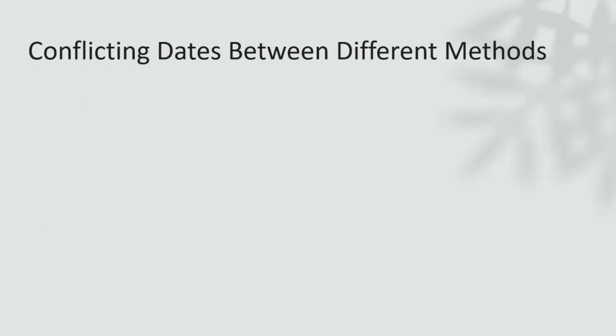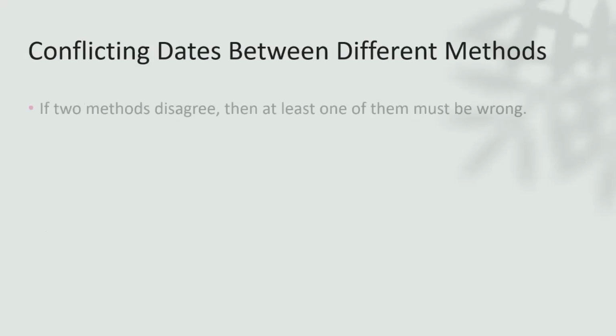Conflicting dates between different methods. So what happens if you use different methods to try to get an answer? Well, if two methods disagree, then at least one of them must be wrong, right? And this happens all the time.